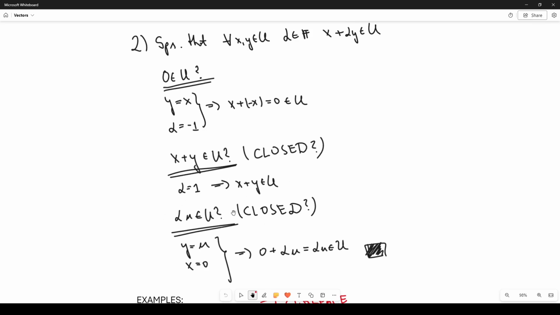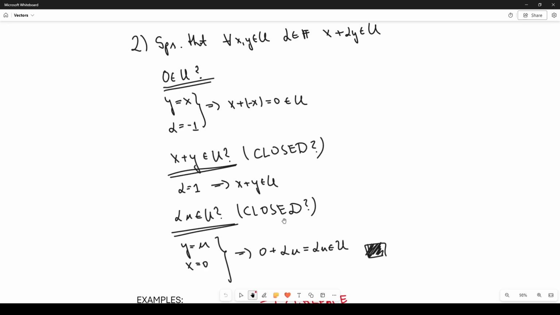And is scalar multiplication closed? Well, set y equal to some vector u, just notation-wise to make it look prettier. So set x to be equal to the 0 vector, and then we get that 0 plus alpha times u is equal to alpha times u, and that belongs to our subset U. So whatever vector u I take, if I multiply it with any alpha, it does belong to U. So scalar multiplication is closed.